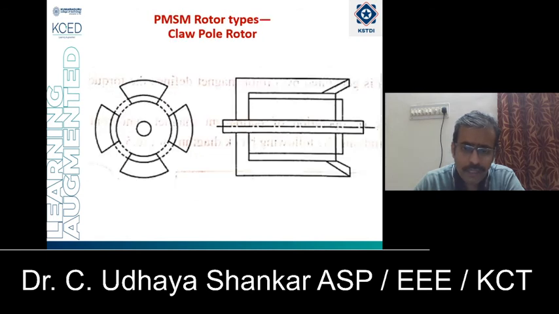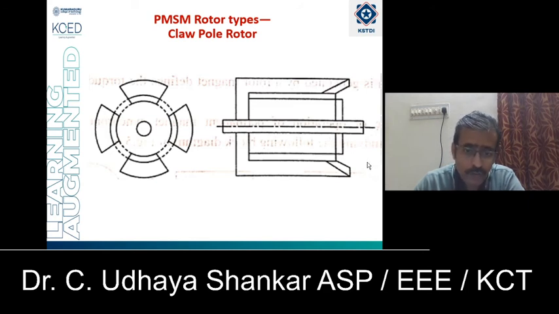And now let us discuss the claw pole type rotor based PMSM. This figure shows the claw pole type rotor configuration. The permanent magnets are generally disc shaped and magnetized axially.